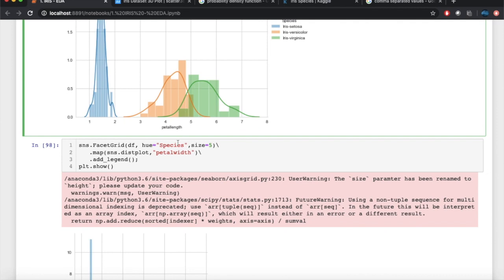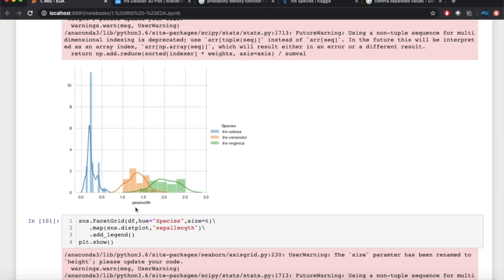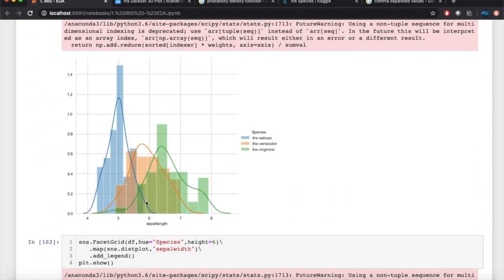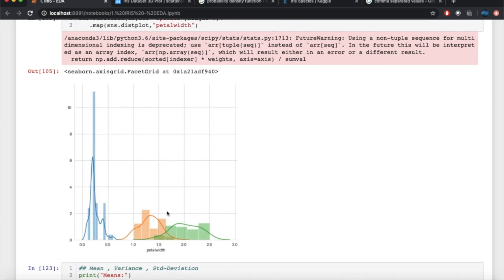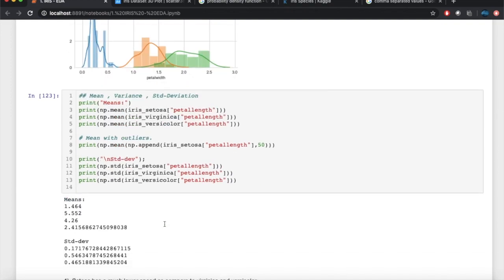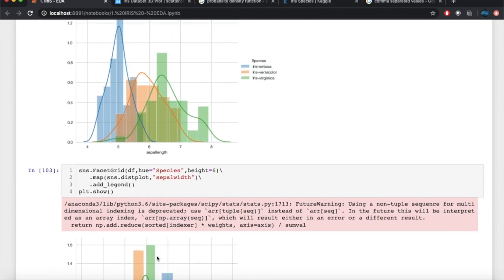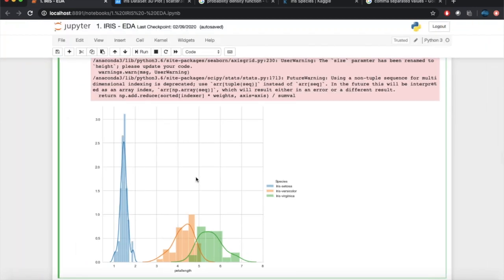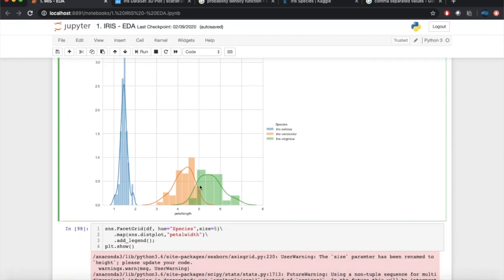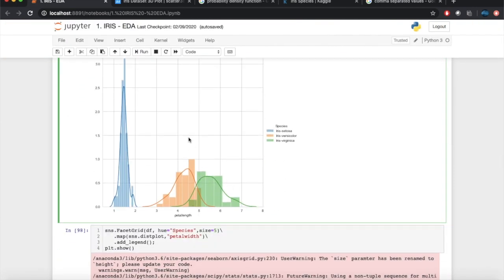Similarly, we have done it for petal width, sepal length, and sepal width. We can see that in this graph, petal length is a bit useful because there is less overlap here.